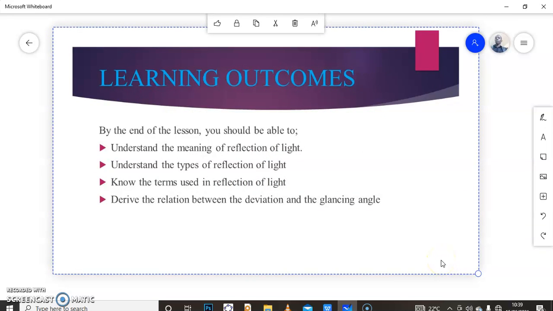So by the end of the lesson, you should be able to understand the meaning of reflection of light, understand the types of reflection of light, know the terms used in reflection of light, and then the relationship between deviation and the glancing angle. So those are our key areas to focus on, and make sure by the end of the lesson you have grasped all those learning outcomes.